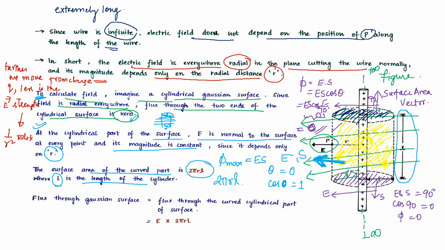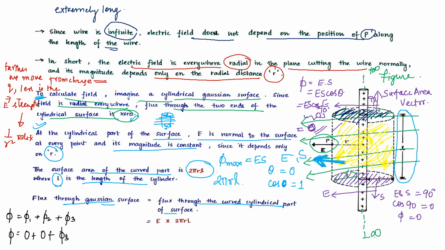Now the flux through the Gaussian surface will be the flux through the curved cylindrical part. Actually, the flux will be taken as the flux through surface 1 plus surface 2 plus surface 3. But we have seen the flux through surface 1 is 0, the flux through surface 2 is 0, and we have only flux from the third surface.